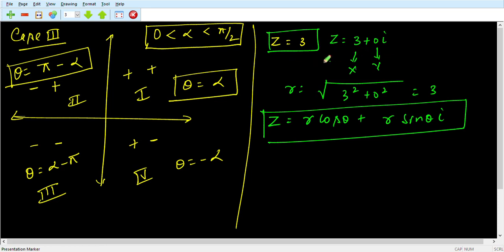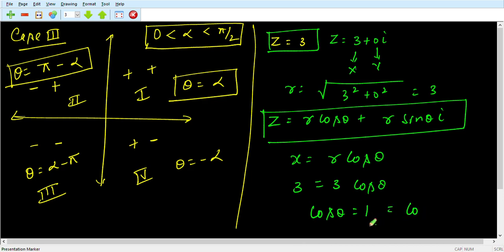Here r is 3, and x is equal to r cos theta, and x is 3, so cos theta will be 1, which means theta is 0.